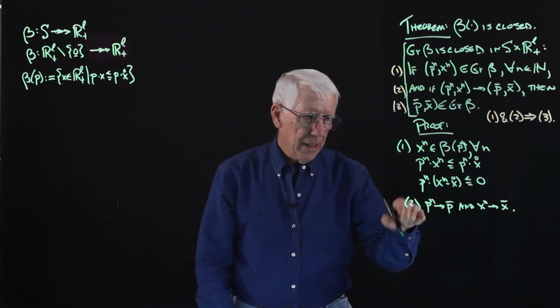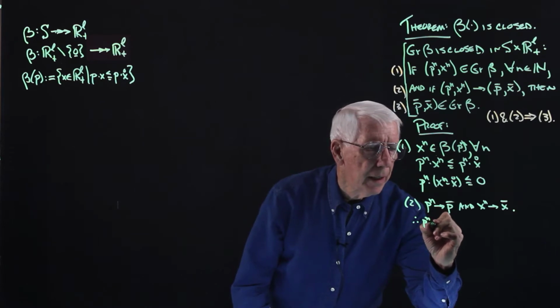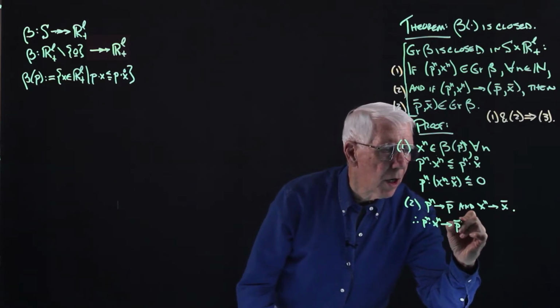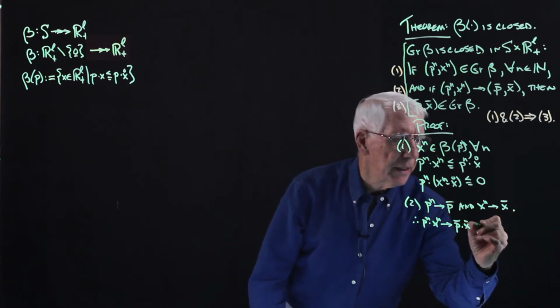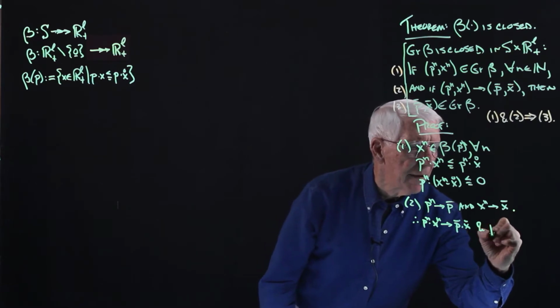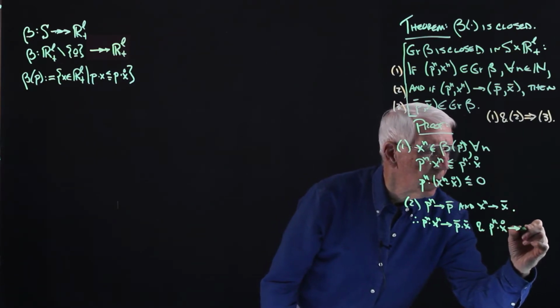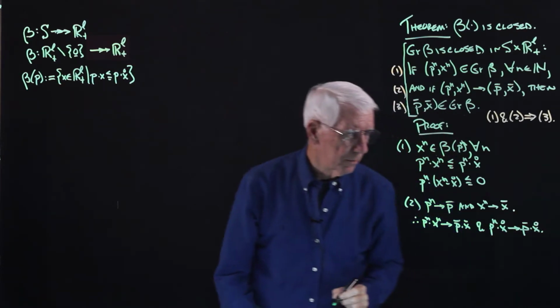If that's the case, then Pn dot Xn goes to P bar dot X bar, just combining these, and Pn dot X circle goes to P bar dot X circle.